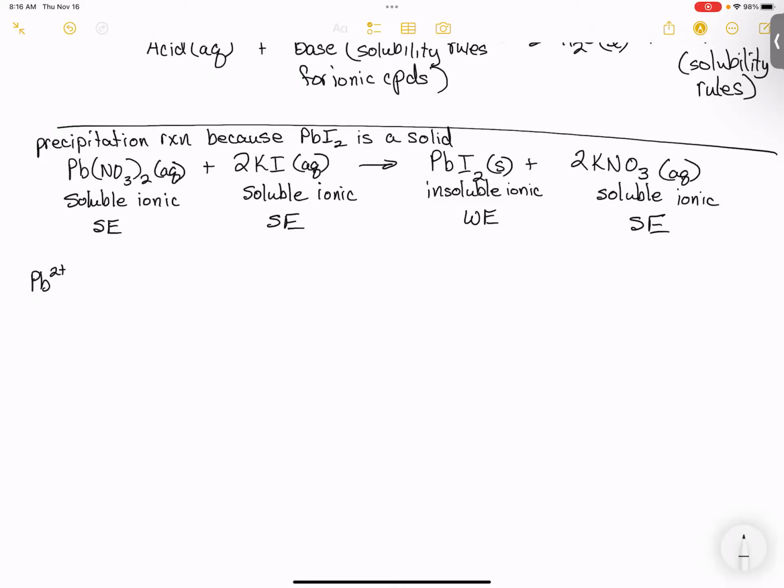And what is the formula for nitrate? NO3 minus. The ions will have the same state of matter as their parent compound. So since the parent compound was aqueous, the ions will also be aqueous.